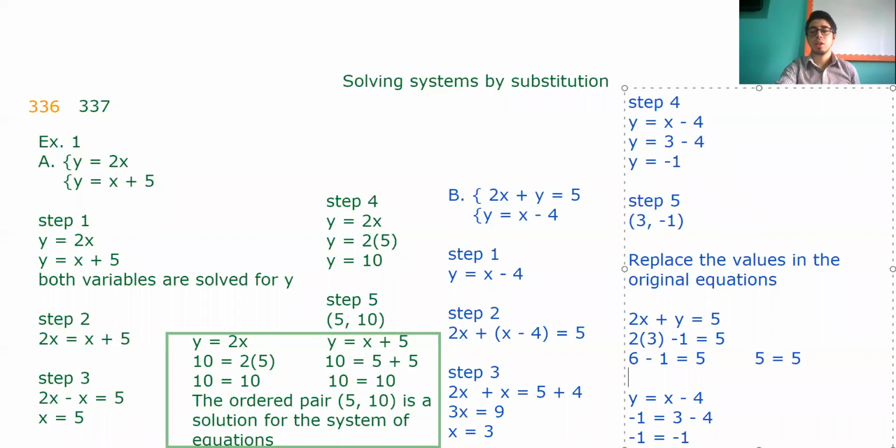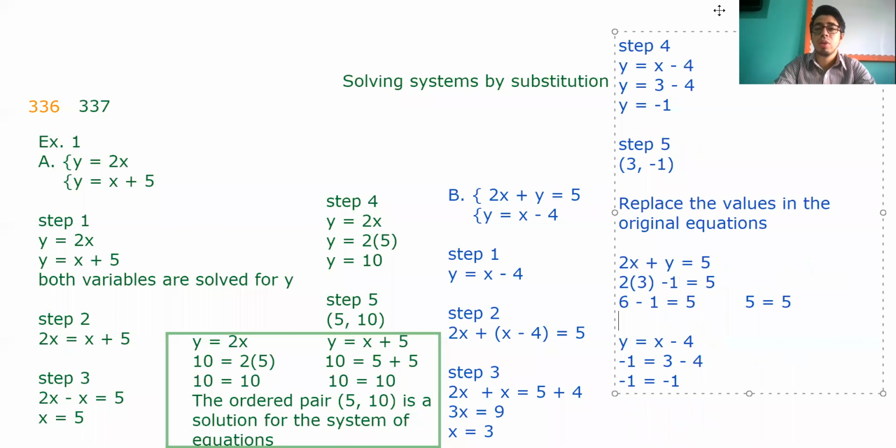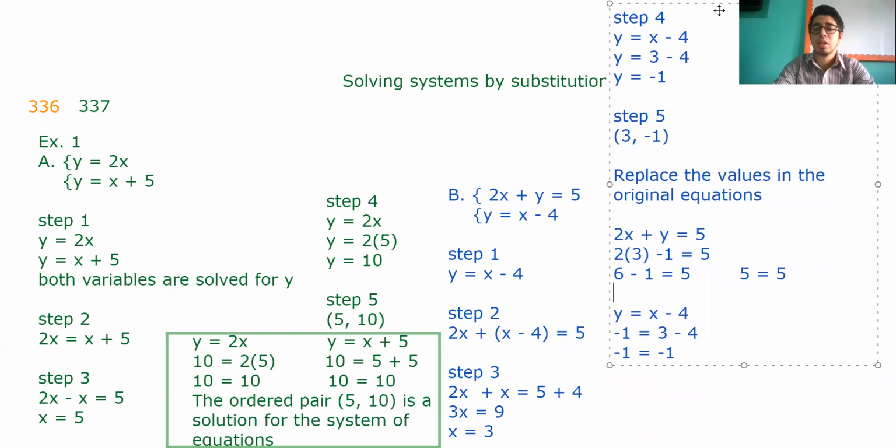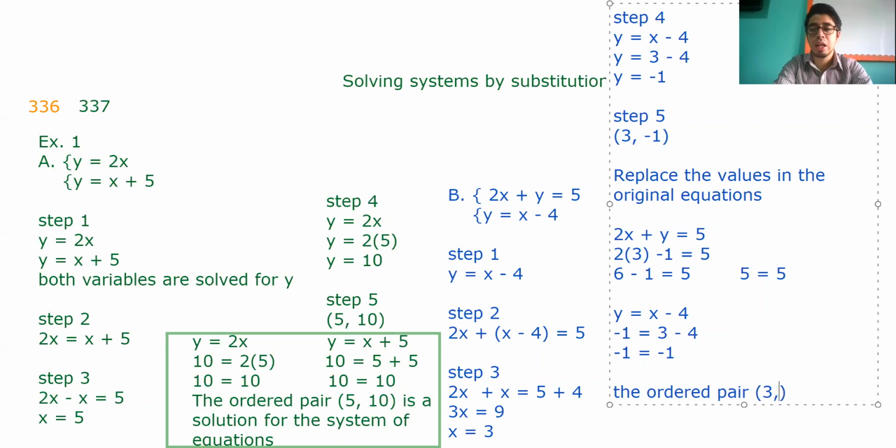Okay. So we already proved that this is the solution for the system of equations. So I'm going to move in here so we can complete the very last step. And we say that the ordered pair, what is the ordered pair? 3 for x and -1 for y is a solution for the system of equations.